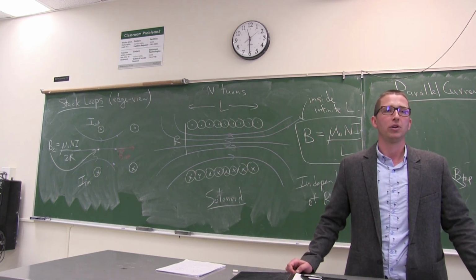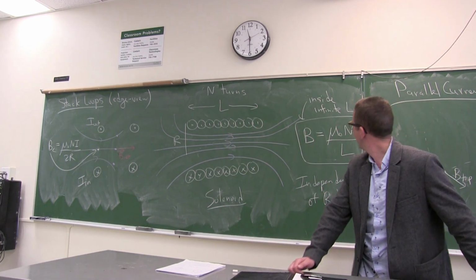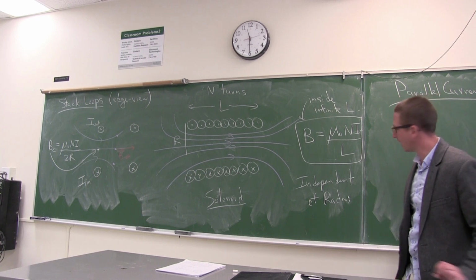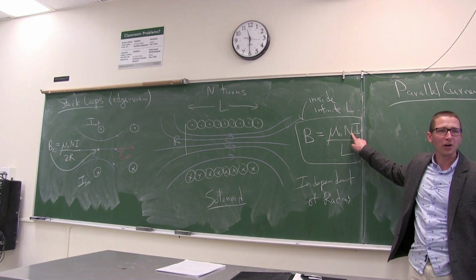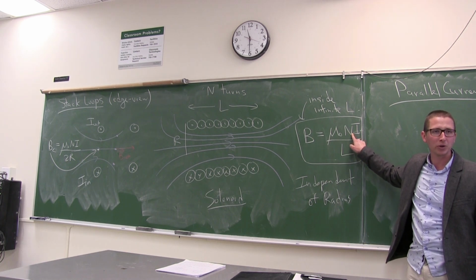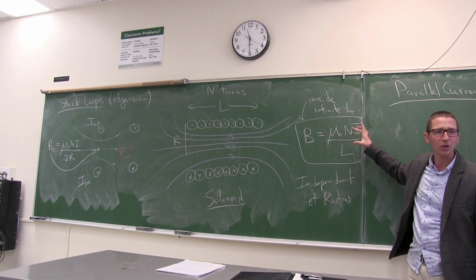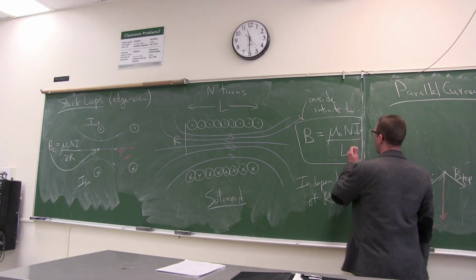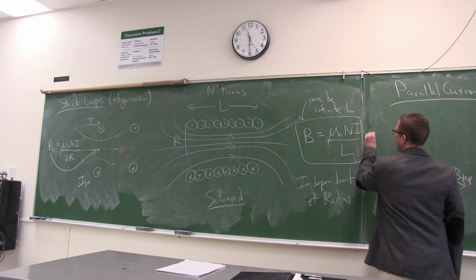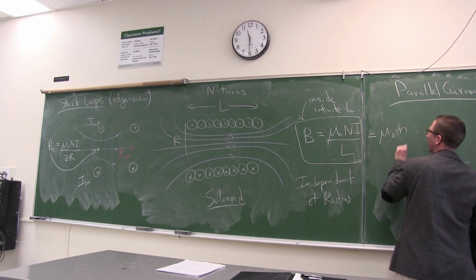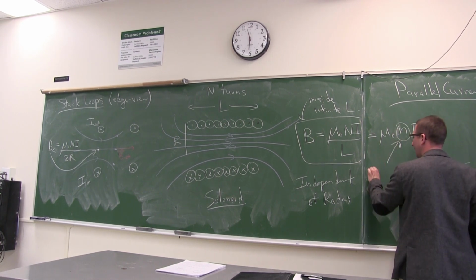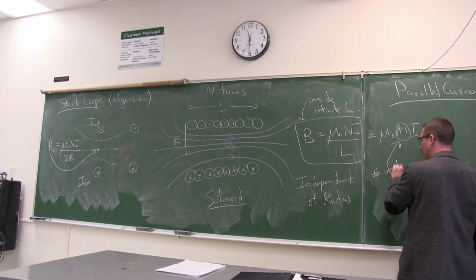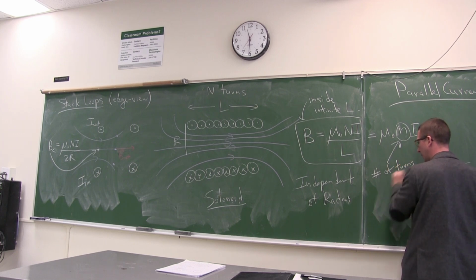If it's an infinite length, how does that work? Because wouldn't the magnetic field go to 0? Excellent question. But the number of turns, if it's tightly packed, would also go to infinity. So another way to write this equation is mu naught n I, where n is the number of turns per unit length.